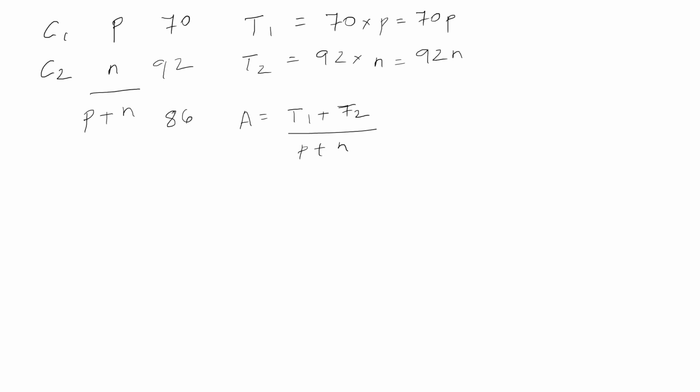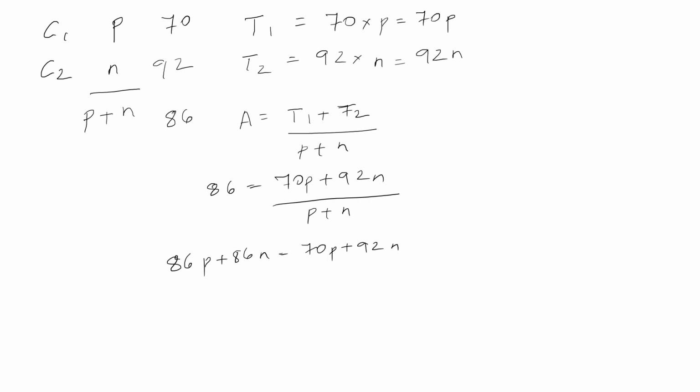So now let's replace with the values that we have. Here we have 86, T1 is 70P plus 92N, and the total number of students combining the two would be P plus N. So I would have 86P plus 86N equals 70P plus 92N.